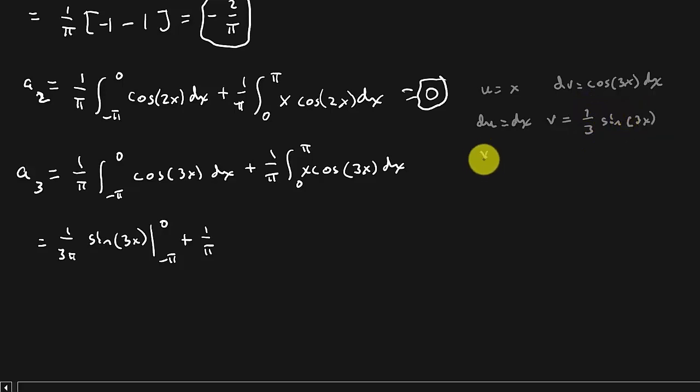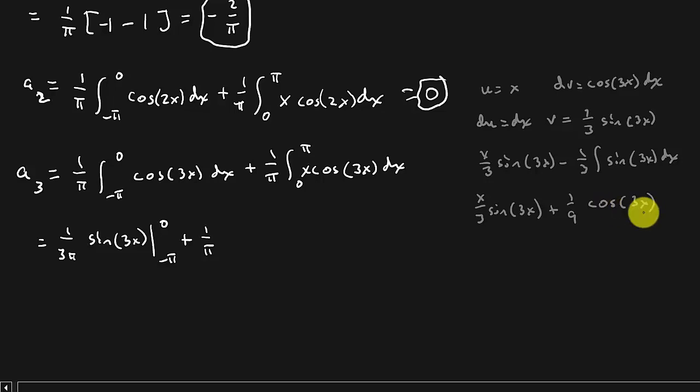And so this is going to be x over 3 sine 3x minus 1/3 integral sine 3x dx. And so this is going to be x over 3 sine 3x, and then the integral of sine is negative cosine, so that's going to be a plus. Multiply by the 1/3. 1/3 times 1/3 is 1/9 cosine 3x.